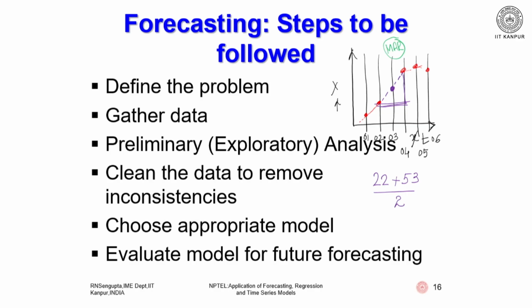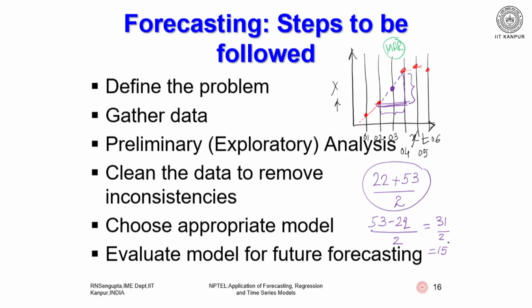This would be the average value, and if I want to find out the trend, it is 53 minus 22, which would be this height. That comes out to be 31, and what is the time frame? It is basically 2 months. So, divide by 2: approximately 15.